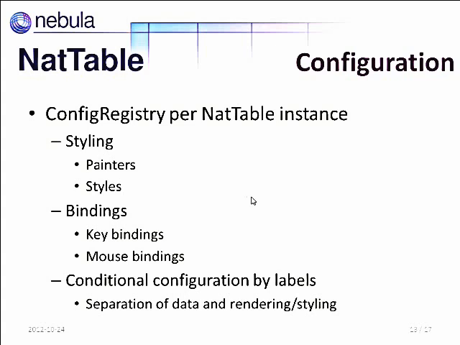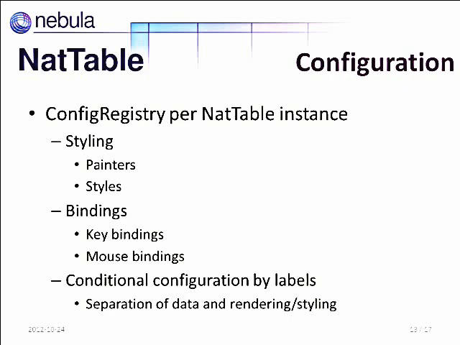Very interesting stuff there is we have a conditional configuration concept. So it is possible to add labels to your cells, which are then interpreted by the painter at runtime.